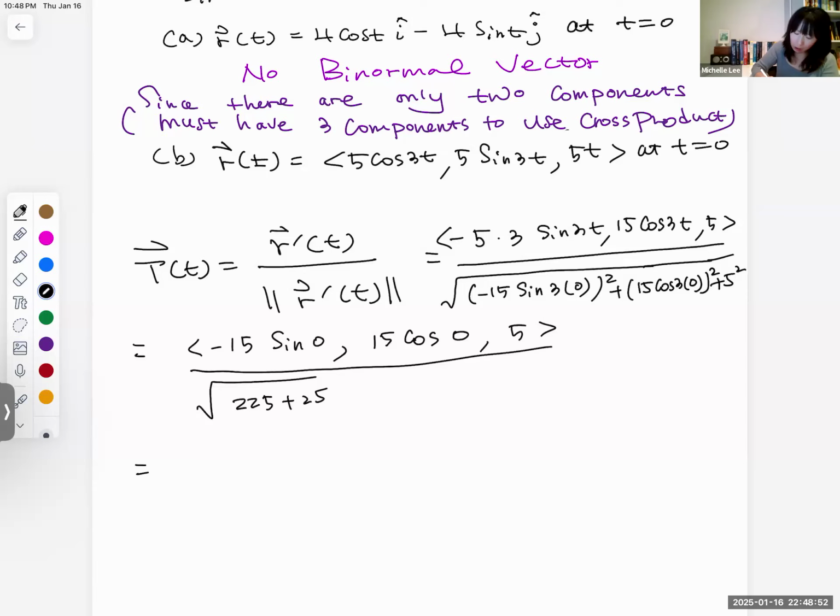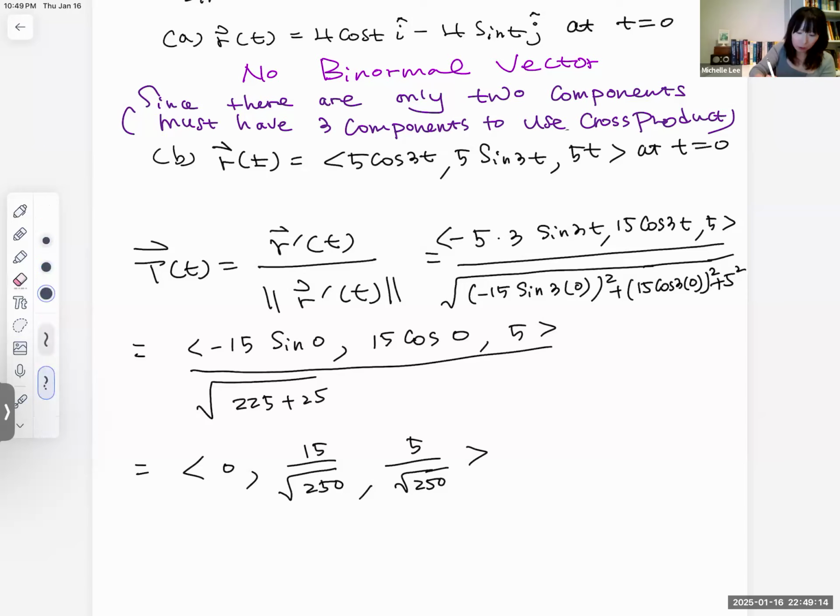So let's make it just a 0, 15 over square root of 250, and 5 over square root of 250. So when t equal to 0. Much easier. Otherwise, oh, too crazy.